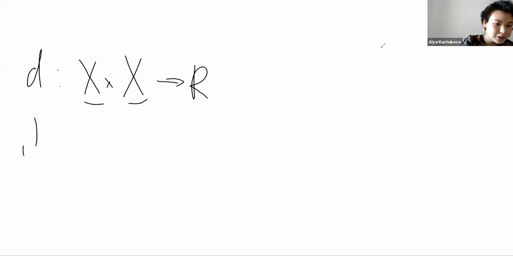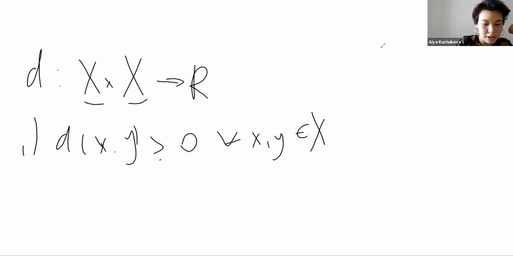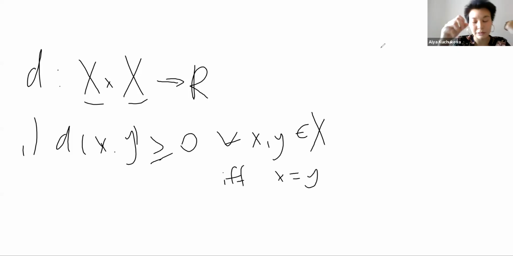First, d(x,y) is bigger or equal to 0 for all x, y in X, and equality holds, so d(x,y) equals 0, if and only if x is equal to y. That makes sense because we want distance to be something positive, or at least non-negative.